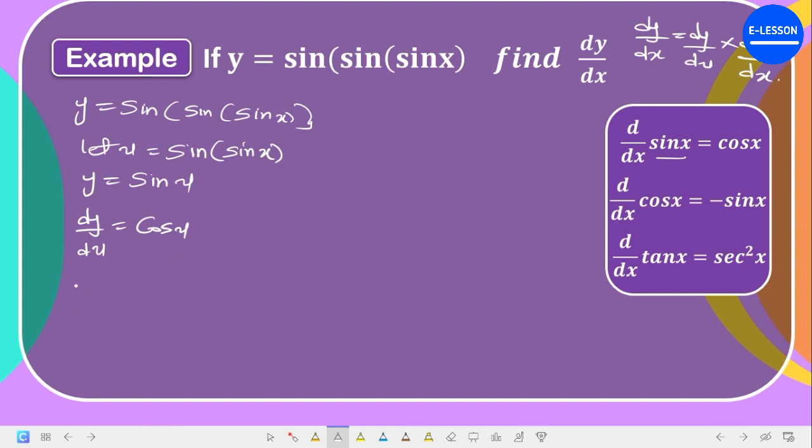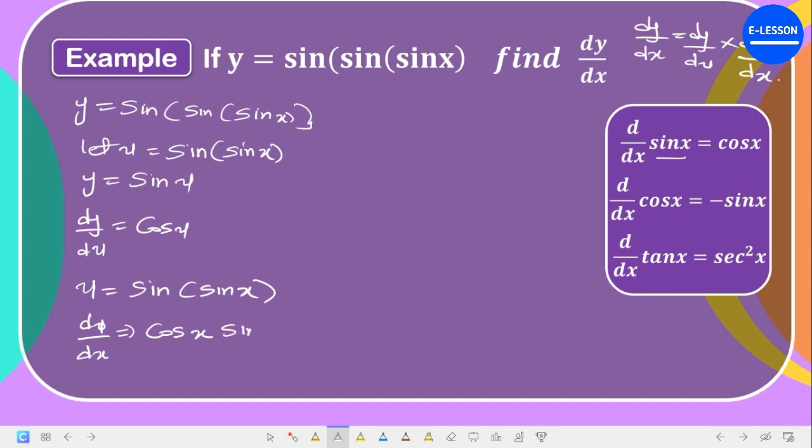But how do we get du/dx? You have u is equal to sine of sine x. To get du/dx, first of all, differentiate what you have in this bracket. If we differentiate sine x, it will give us cos x. Now differentiate this sine and then write what you have here again.